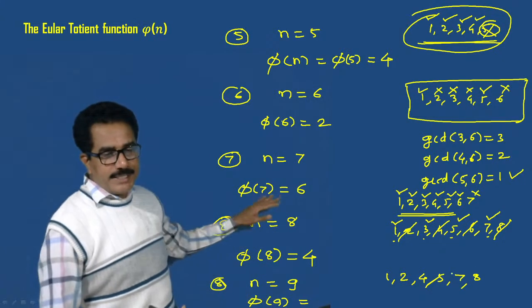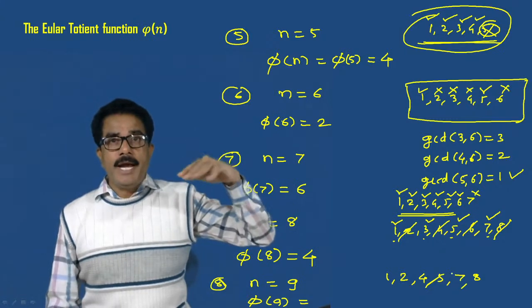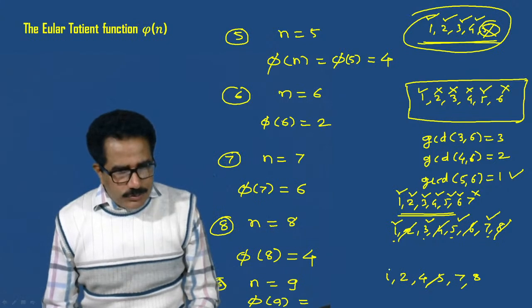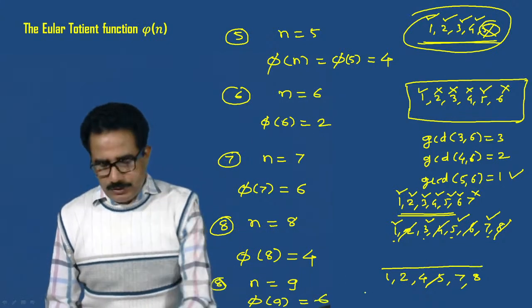So how many integers are there which are relatively prime to 9 and positive but not greater than 9? 1, 2, 4, 5, 7, 8. So phi of 9 is equal to 6.